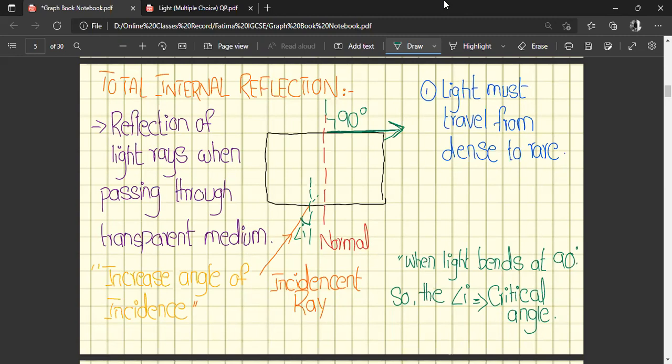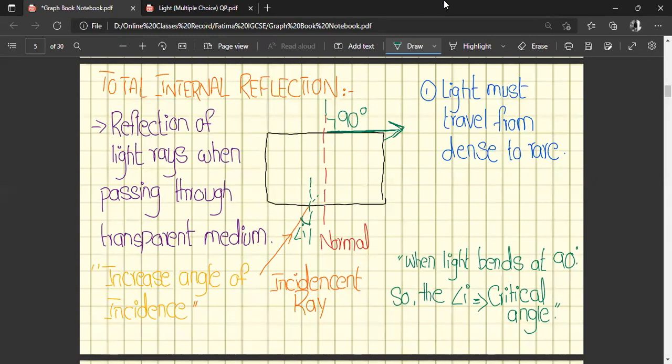This is our conceptual point which you just want to remember, that the critical angle is such an angle at which light bends at 90 degrees, right? Yes. So this is our critical angle. It may be 40, it may be 60, it may be 30, depending upon the density and depth of that medium or glass. So if we now further try to increase the angle of incidence, right?